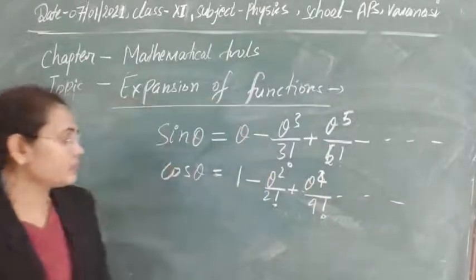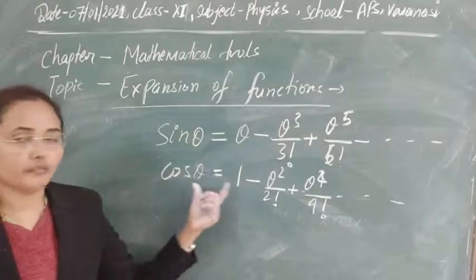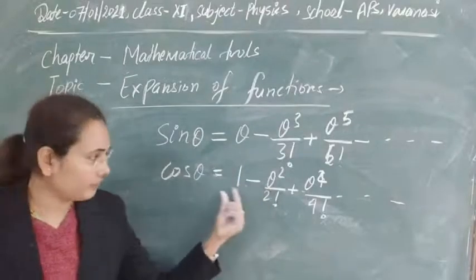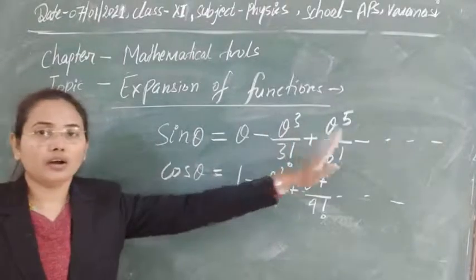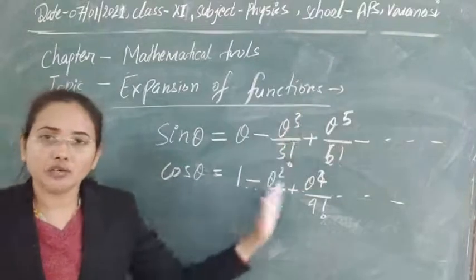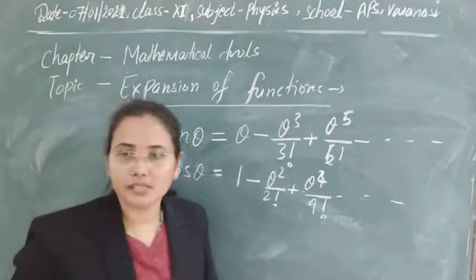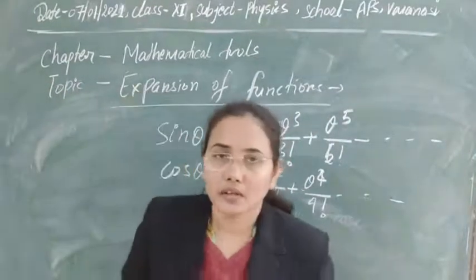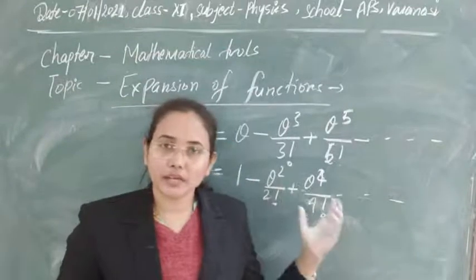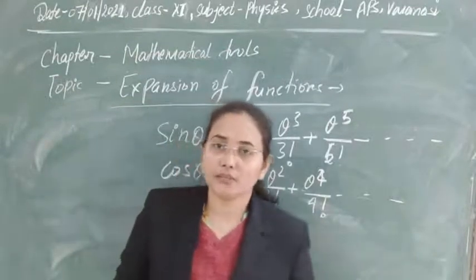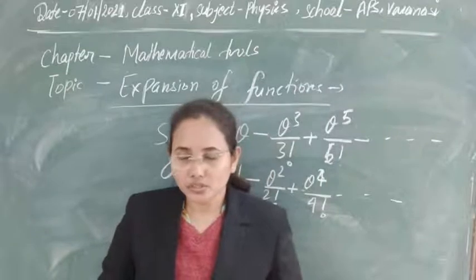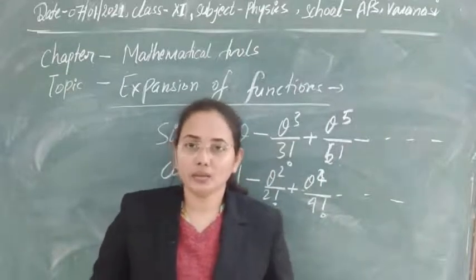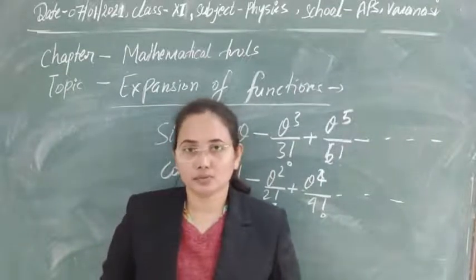In the case of cos theta, we will not get the odd powers. We are getting only the even powers here. So in this way you can expand any of the functions given in your mathematical problems. So use them, and a lot of mathematical tools we have already discussed here.